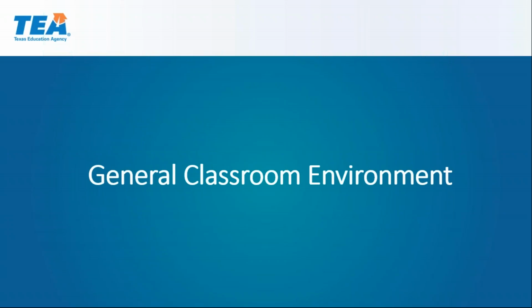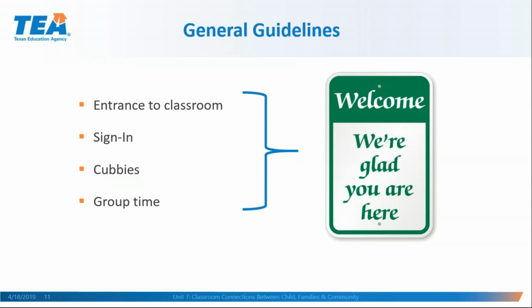So we're going to go over some general guidelines to begin with, and then we will discuss specifically learning centers and some rituals that can occur in a classroom that can link the child, the family, and the school better. So we'll start off with some general guidelines.